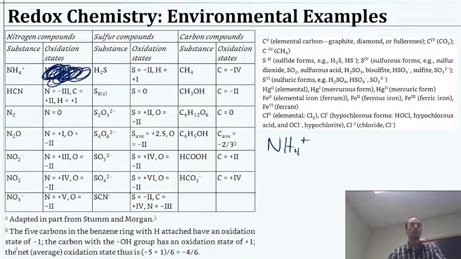The way we can get there is to treat each of the H's as +1, and we have 4 of them, so this gives us +4, and then in order to get to a net +1 for the entire molecule, nitrogen has to be -3. Okay, so I wanted to just double check that you can take a look there.